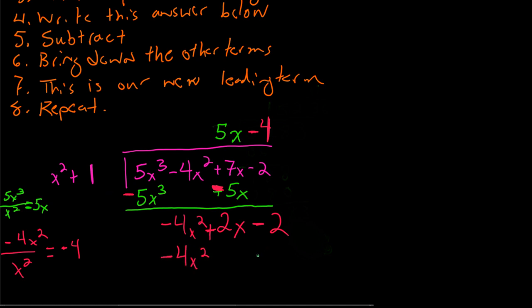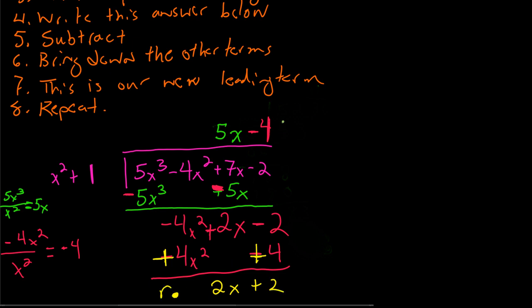Negative 4 times 1 is negative 4. I'm going to subtract. And so for me subtracting, I change the signs of this lower term. If I did my job right, the first term cancels. And it does. And so I get a positive 2x and a positive 2, which is my remainder.